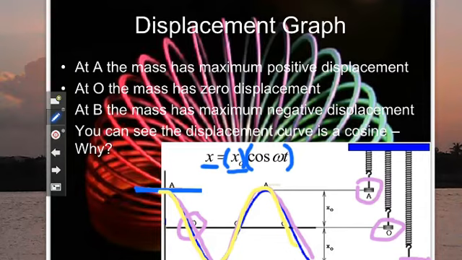And here we have omega, remember that's our angular frequency, and you have your time. So the cosine of the angular frequency times the time times x sub 0. And notice also this is a displacement graph, and so we are going to have positives and negatives. Anything above the x-axis is a positive displacement. Anything below it is a negative.